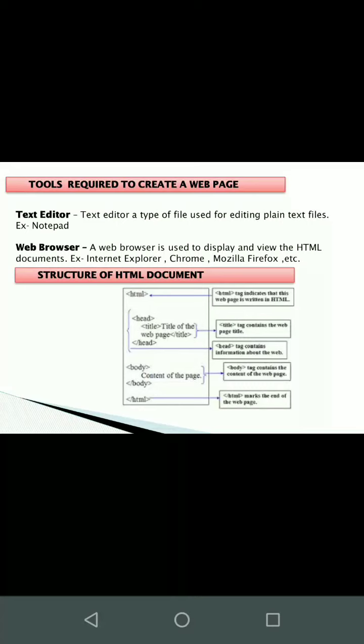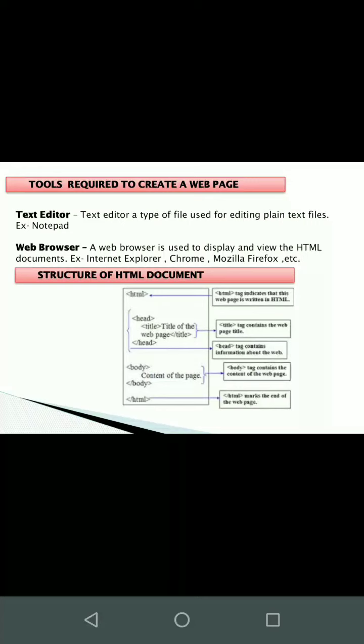The head tag contains the information about the web page, like the title. Next is the body tag. The body tag contains the content of the web page, that is, the contents that we want to display on the web page. And last is the closing of the html tag. It means that here we end the web page, right?